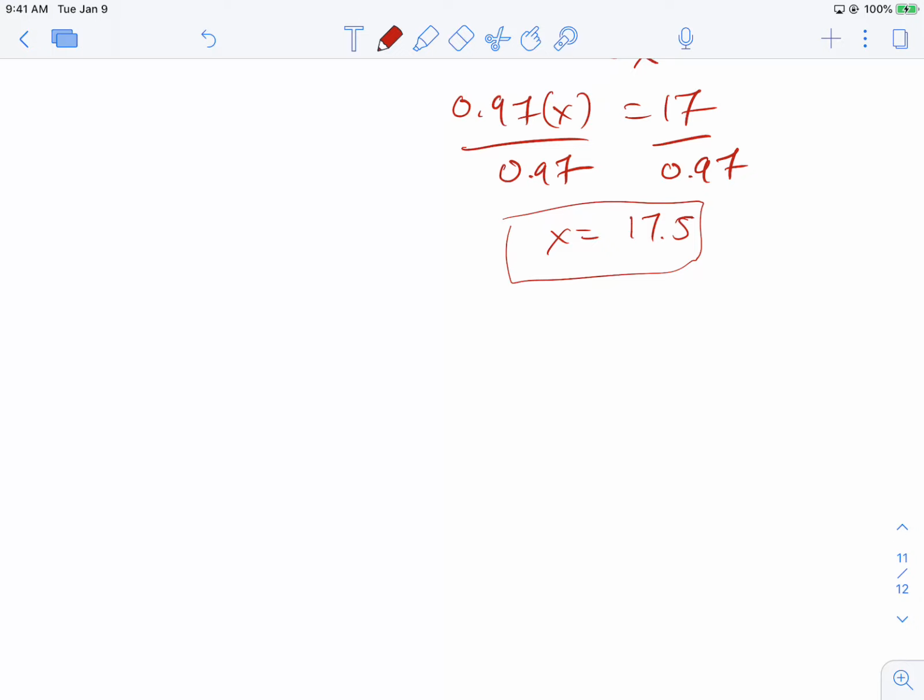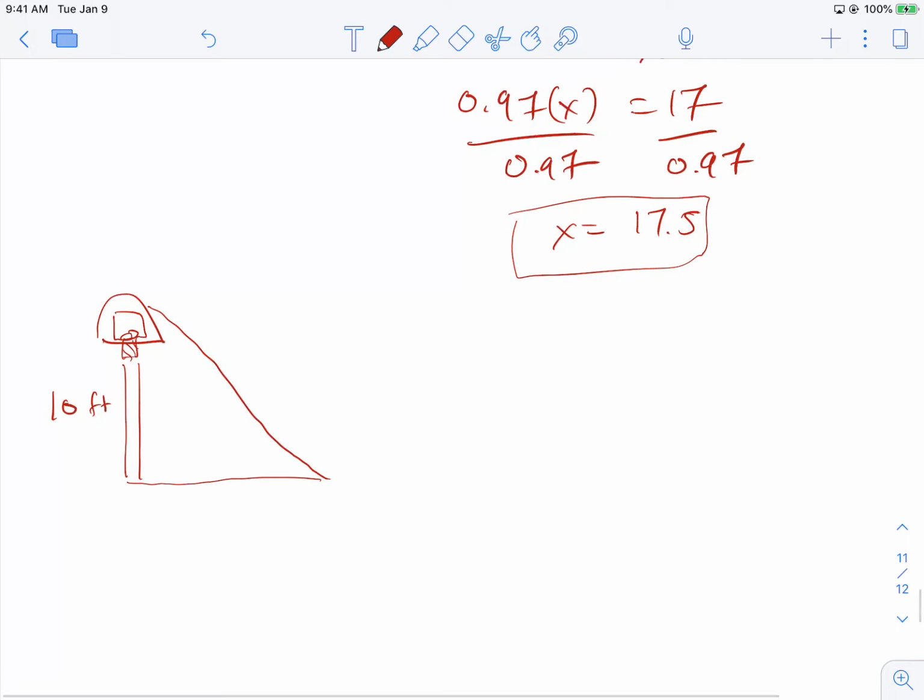Let's say we have a basketball net, and here's my basketball net. Sweet. Now, basketball nets are about 10 feet high, and they're going to cast a shadow on the ground.